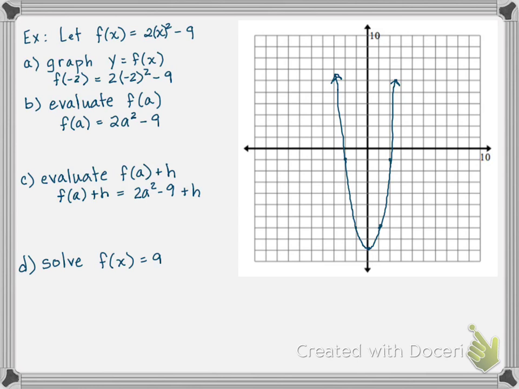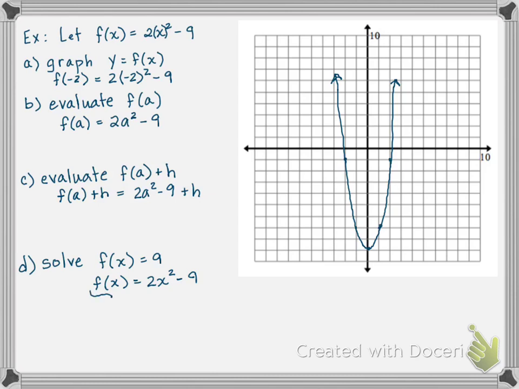And then when we solve f of x equals 9, well, we have f of x equals 2x squared minus 9. And that's saying f of some input gives me an output of 9. So I don't know what x is because I'm not given the input. I'm not given what's in those parentheses.